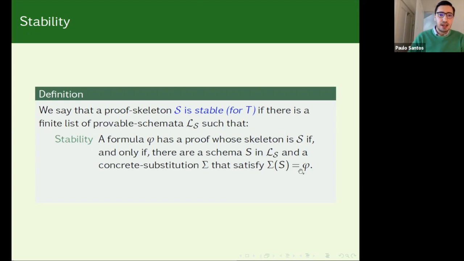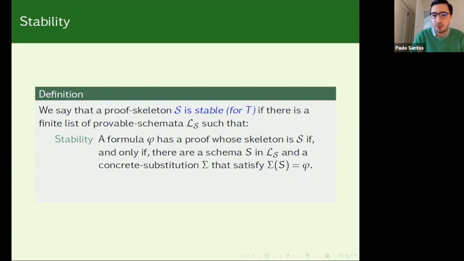So in a sense, a proof skeleton is stable if the following two statements are equivalent: a formula has proof skeleton S, and the formula fits any of the elements of the list. In other words, to check if a formula has a stable proof skeleton, it suffices to see if the formula fits any of the provable schemata in the list.